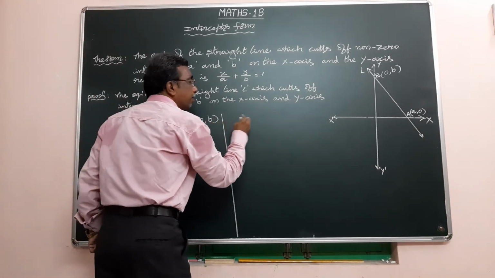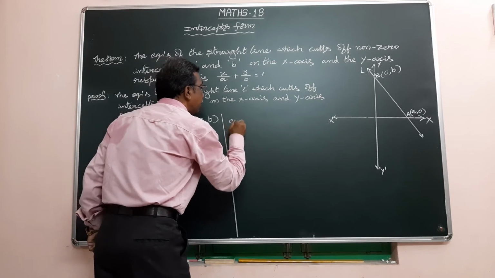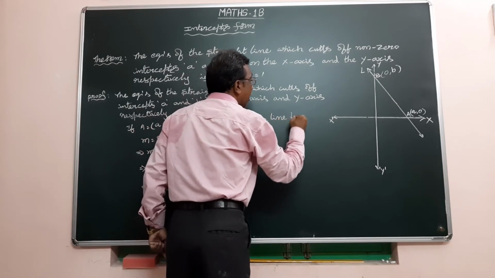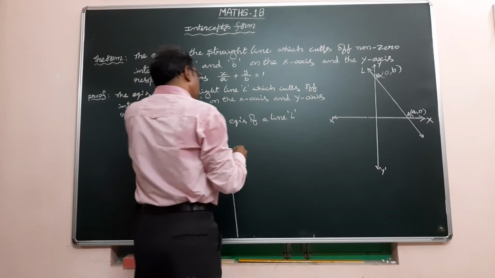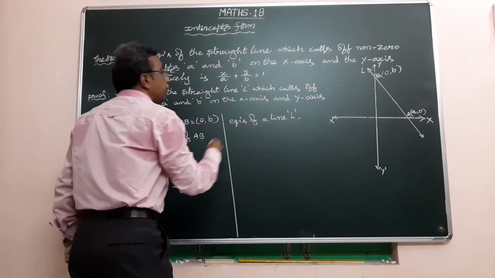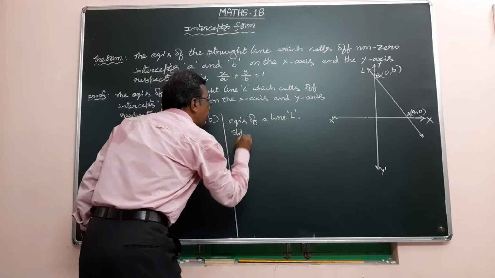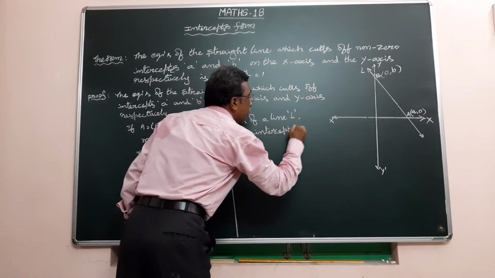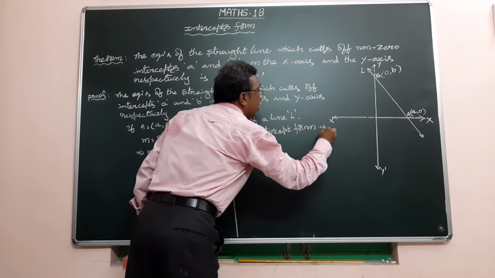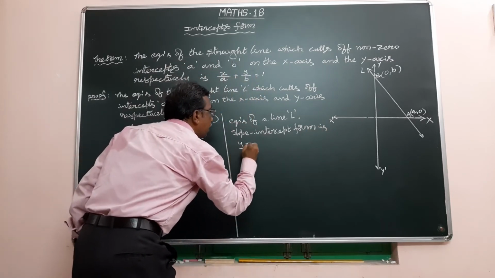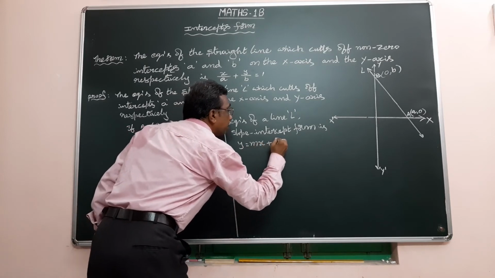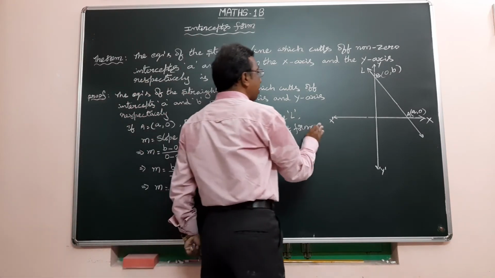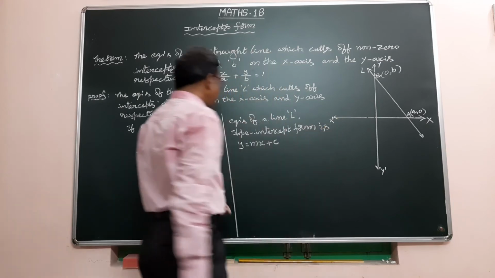So the equation of a line L, slope intercept form is y equal to mx plus c.